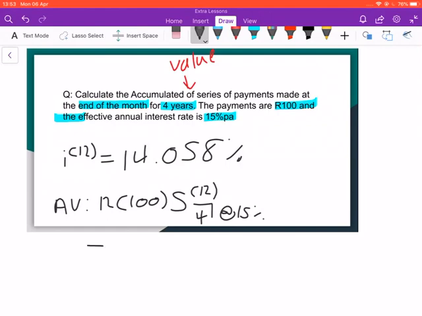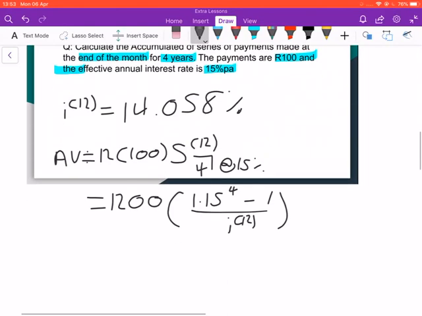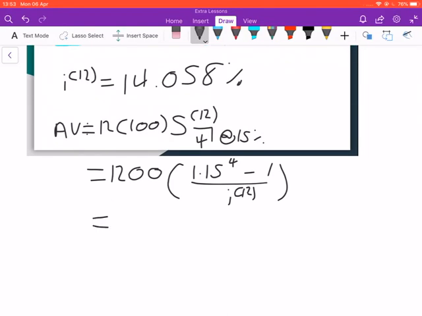So this will have 12 times 100 times (1.15 to the power 4 minus 1) over i12, and your answer should be 6,393.61.